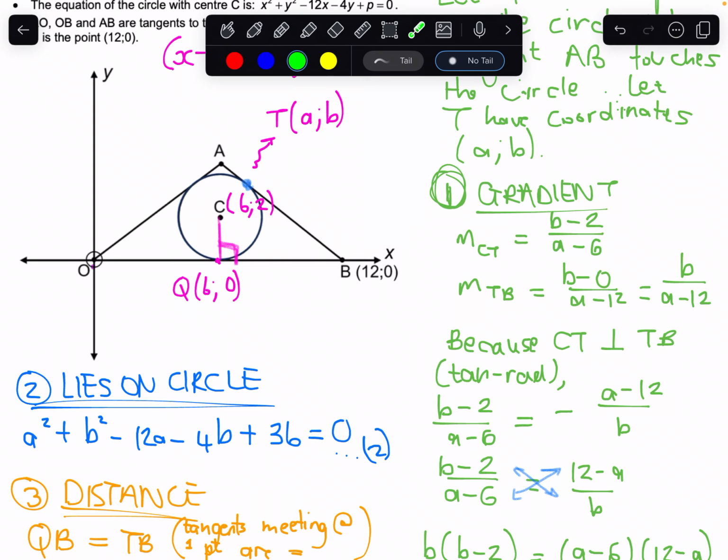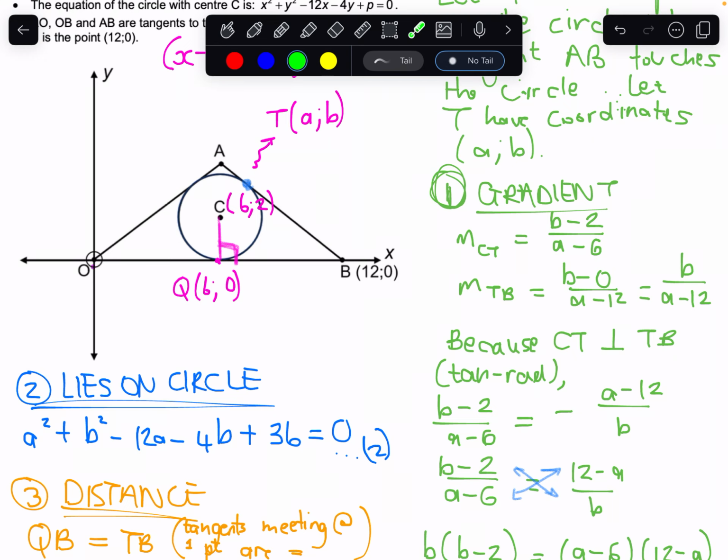So it would have to be the gradient of that point and the line connecting that point to B. So it would have to be a point where they are perpendicular.